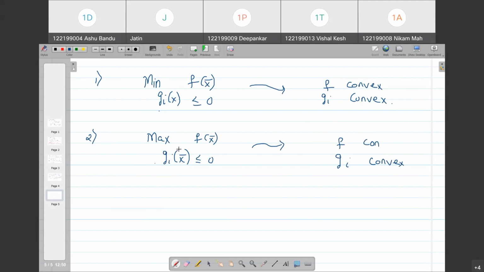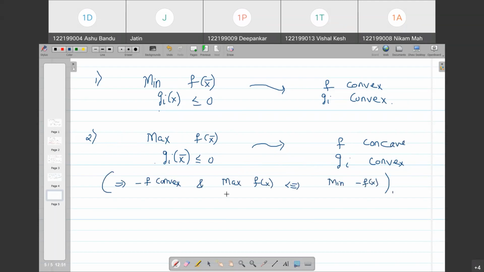So here, maximizing f of x is the same as minimizing minus f of x. If I'm saying f is concave, then minus f becomes convex. This implies that minus f is convex, and maximizing f of x is equivalent to minimizing minus f of x.